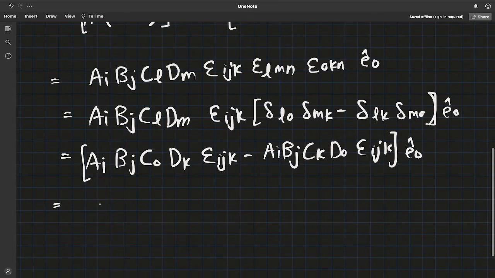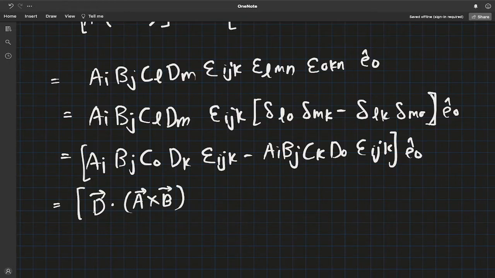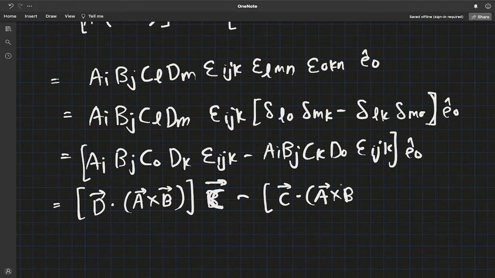So we have I think D vector dotted with A cross B, and this scalar triple product is just multiplied by, I believe, C, minus similar observation C dotted with A cross B, and naturally we'll have a D vector up front.